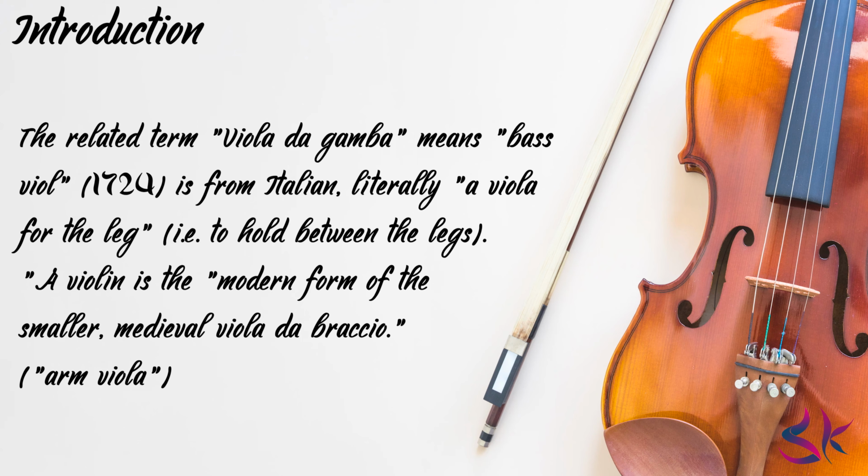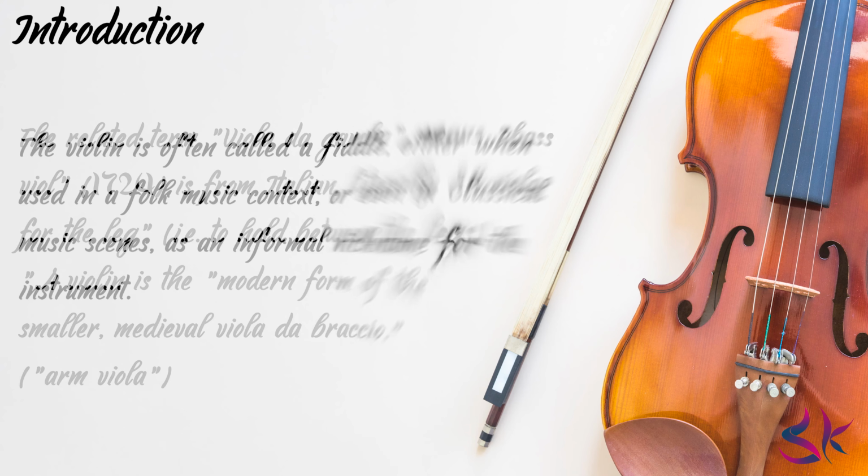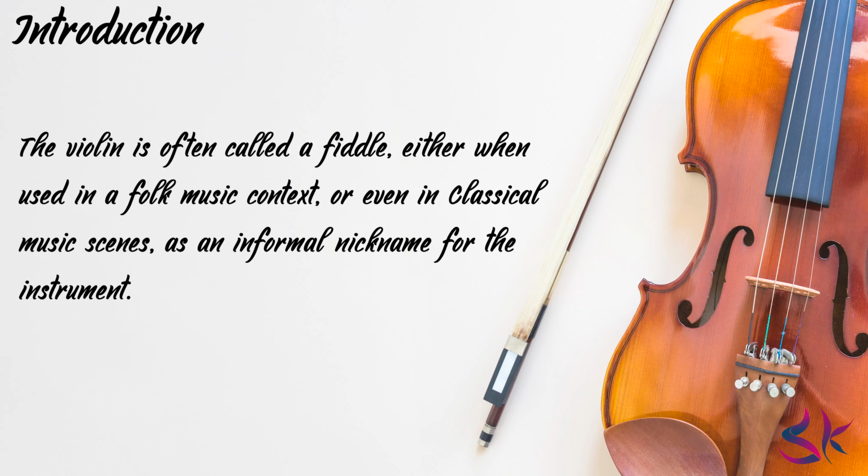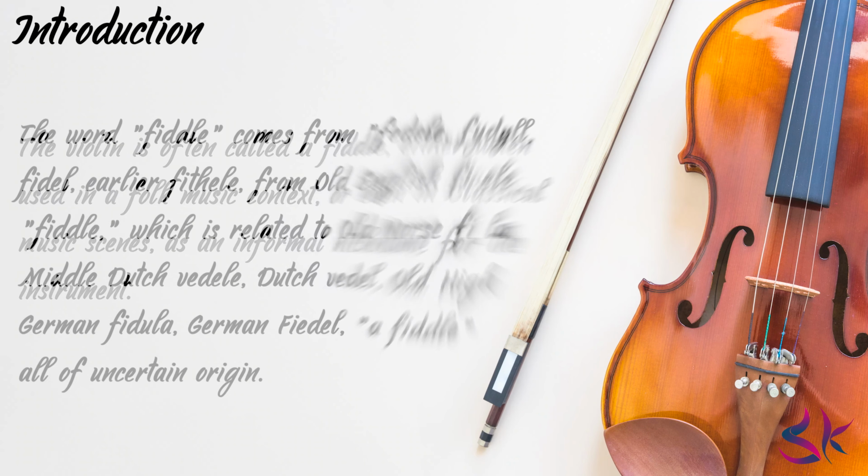A violin is the modern form of the smaller medieval viola, the braccio, arm viola. The violin is often called a fiddle either when used in a folk music context or even in classical music as an informal name for the instrument.